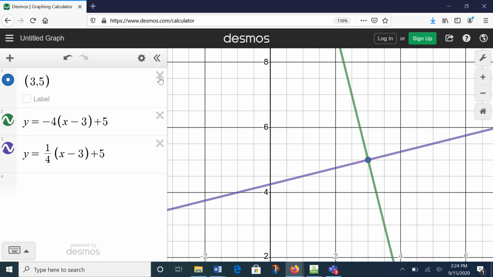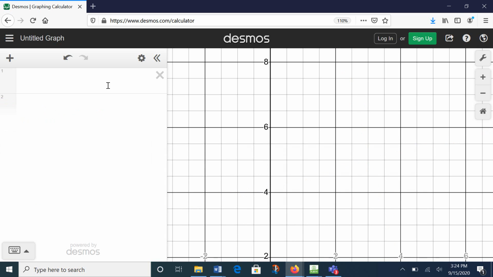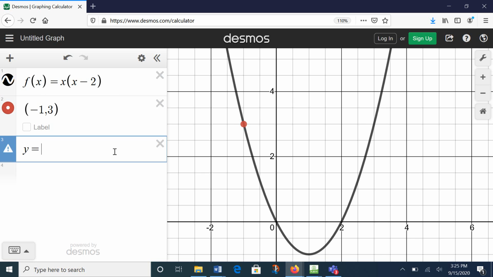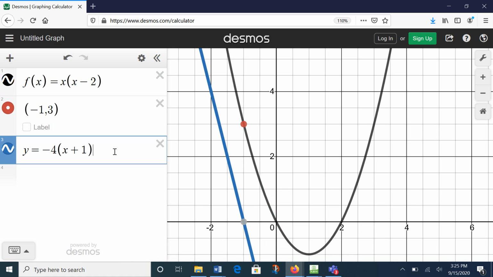Let's see, we'll get rid of these. So our function was f of x equals x times (x minus 2). And our point was at (negative 1, 3). So it'll be tangent to the curve at that point, and our tangent line is negative 4 times (x plus 1) plus 3.